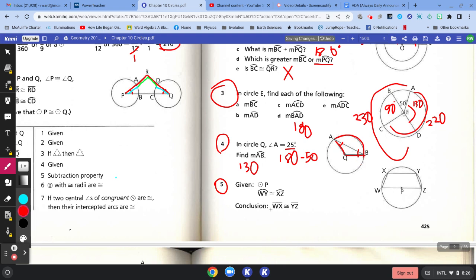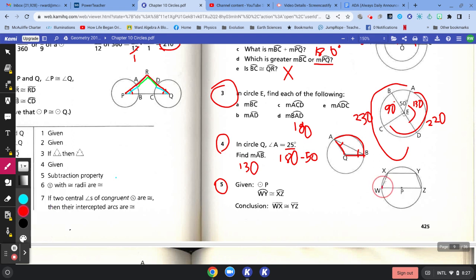Now we'll take a look at this one. We've got circle P. So P is the center. And we're told that arc WY is going to be the same measure as arc XZ. So I'm going to draw those here.